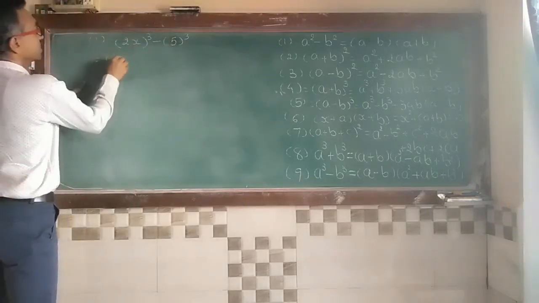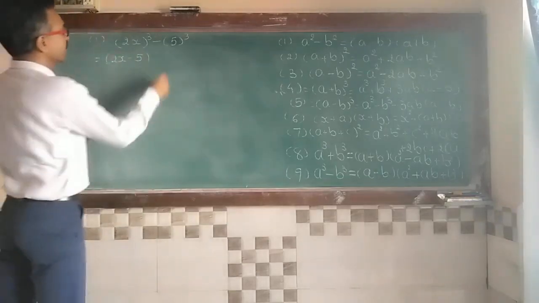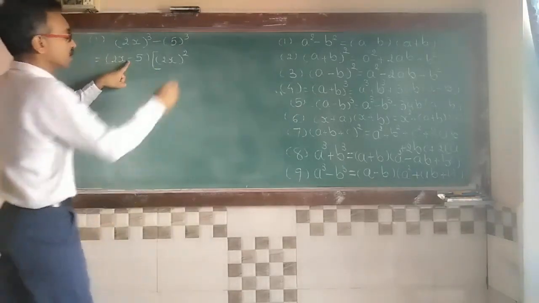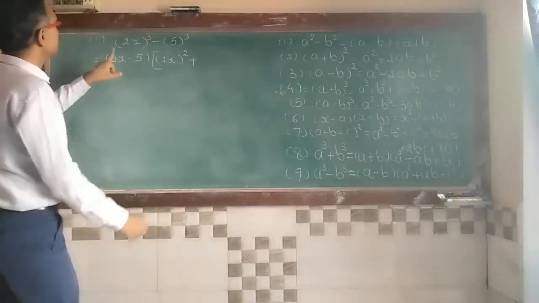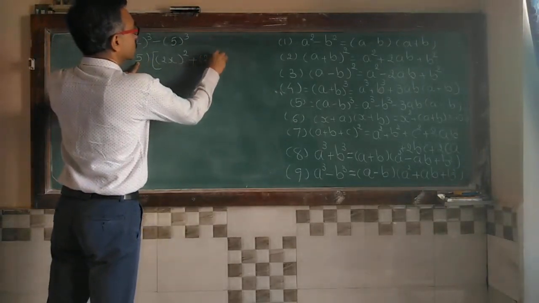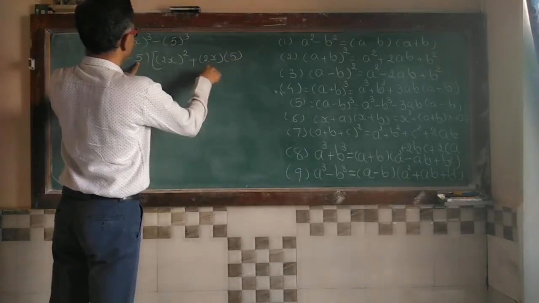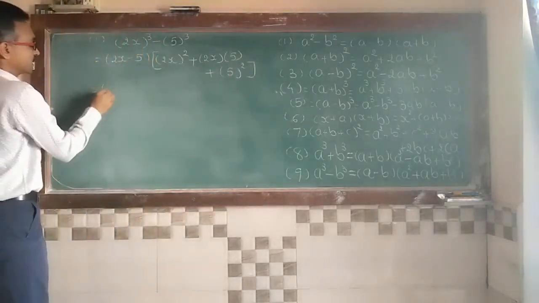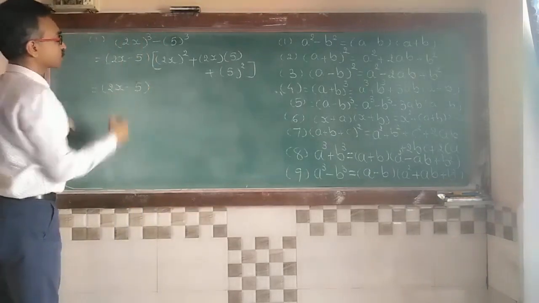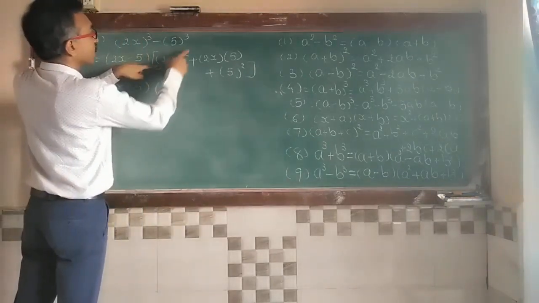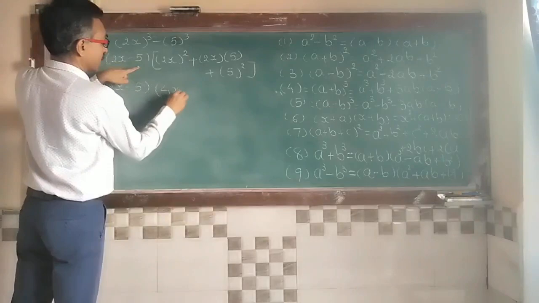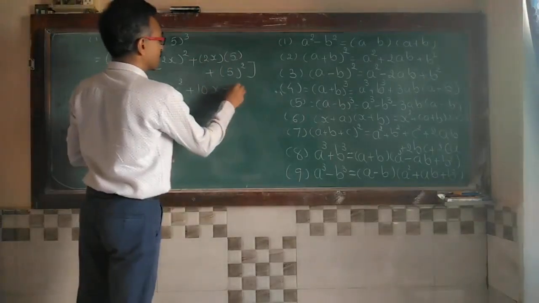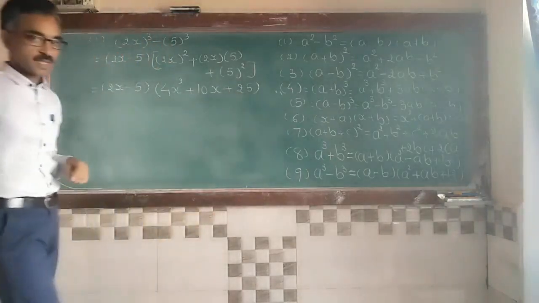So the answer is 2x - 5 into the second bracket (2x)^2 plus a into b, that means 2x into 5, plus 5^2. So the answer is (2x - 5)(4x^2 + 10x + 25).